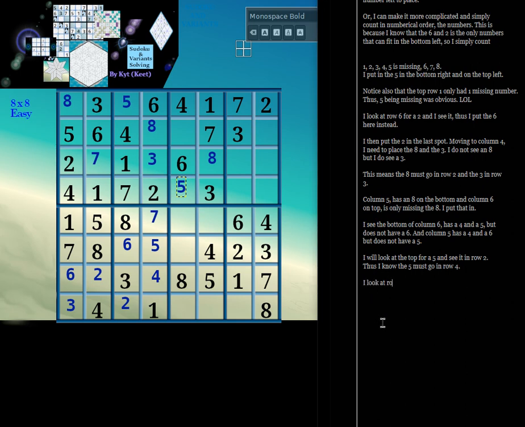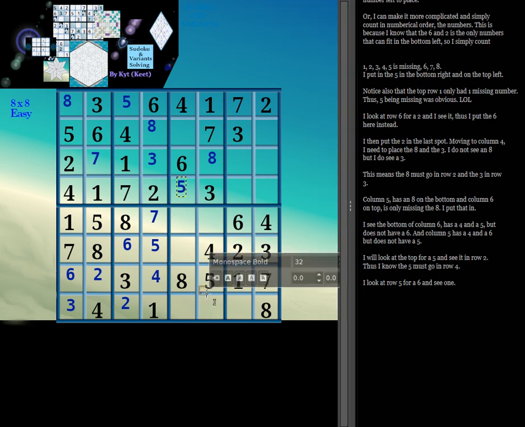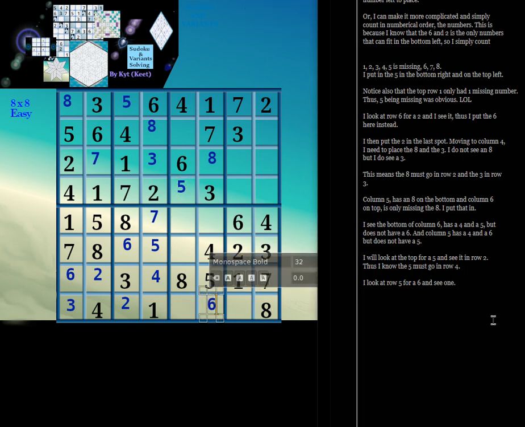I look at row 5 for a 6 and see one. This means that 6 must go in row 8.